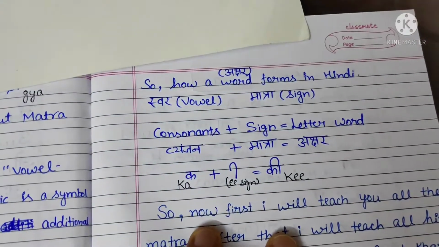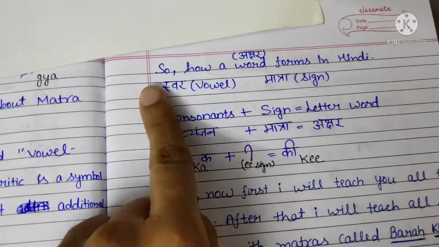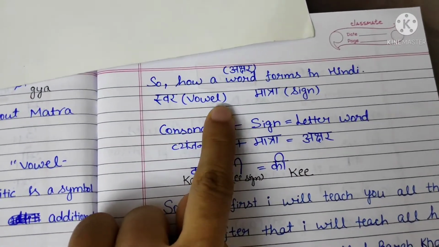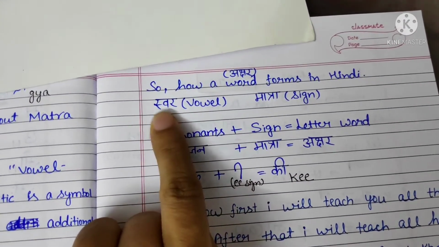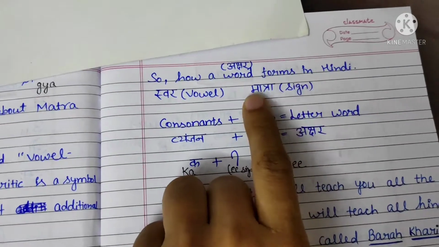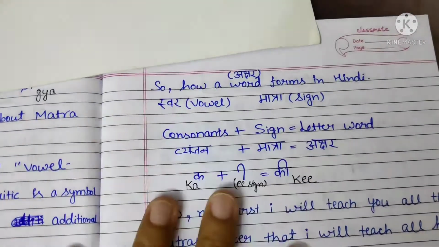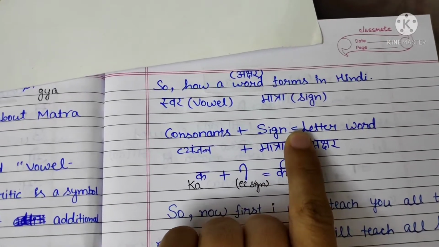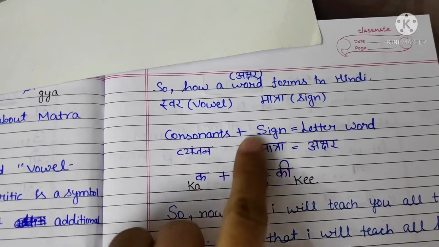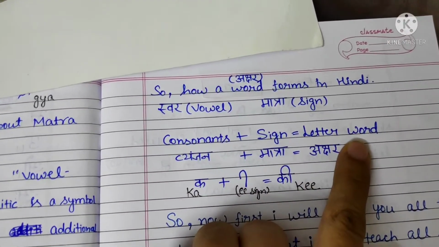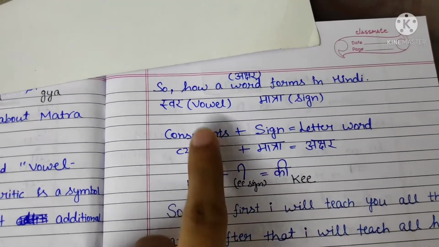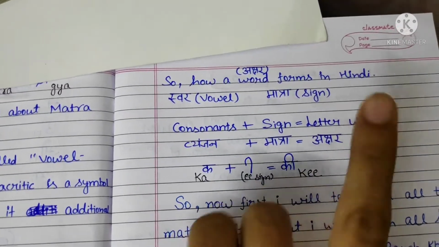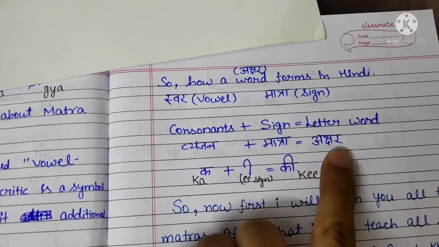So now let's learn how a word forms in Hindi. Word we call akshar in Hindi. Vowel we call swar in Hindi, and sign we call matra. So how does a word form? Consonant plus sign equals a letter or word. Vyanjan, consonant, plus matra, sign, makes an akshar in Hindi.